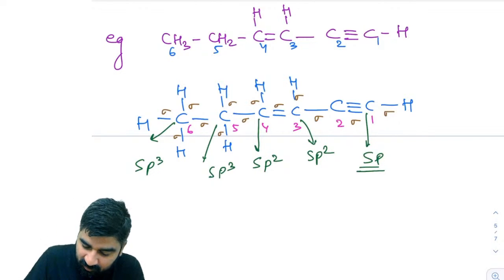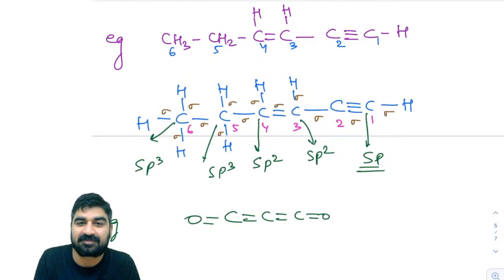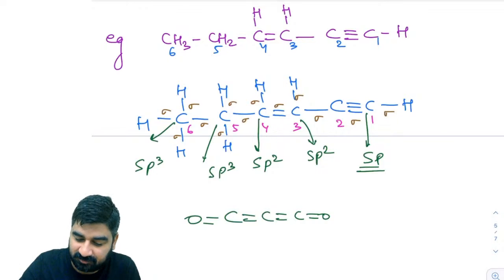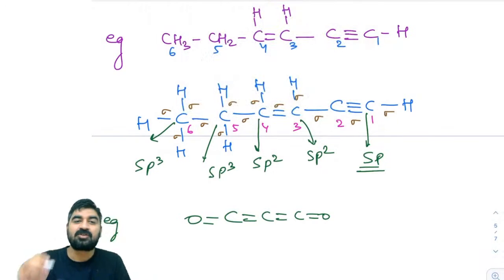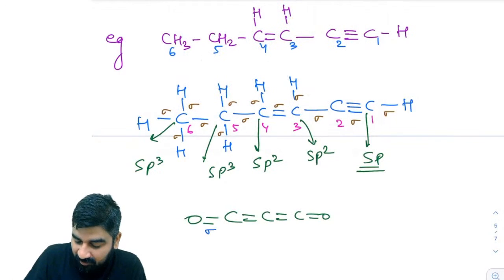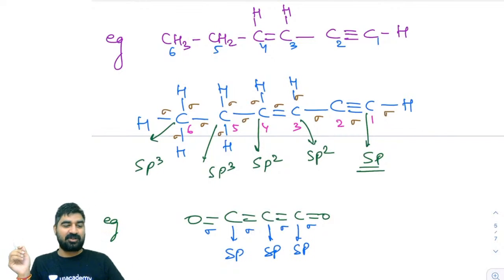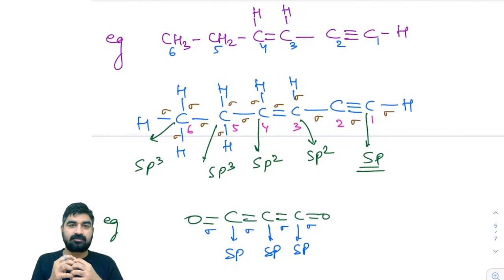So can you calculate for carbon suboxide, hybridization for carbon? So I think after today's class, your hybridization concept would be clear. So here you have sigma. This carbon is making 2 sigma. You have this. Got it? Got it, guys? Any doubt?